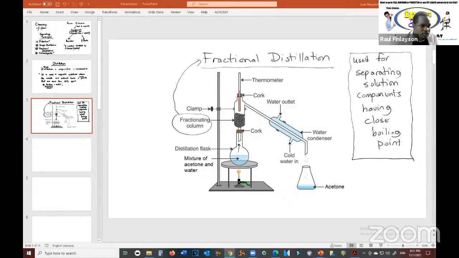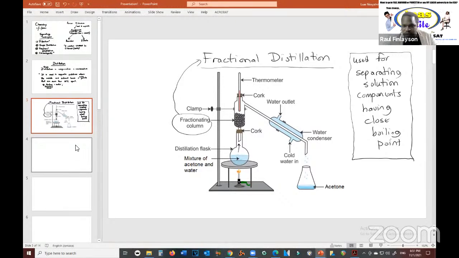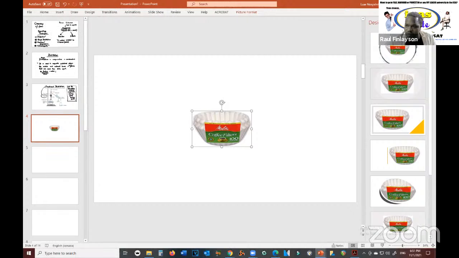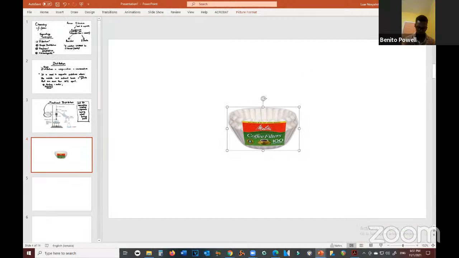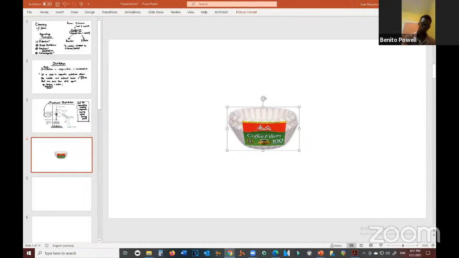I'm showing an image on the screen in case you don't know. They sell like 100 of them in one pack for cheap. That's what it looks like. This can do your filtration. You don't need anything more than this.